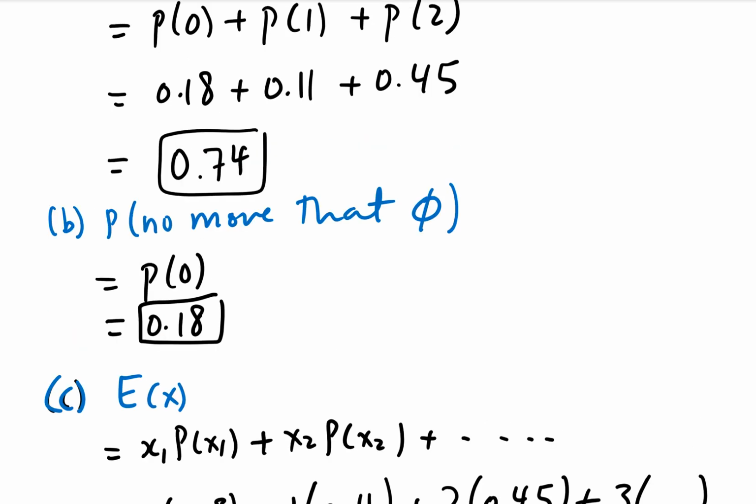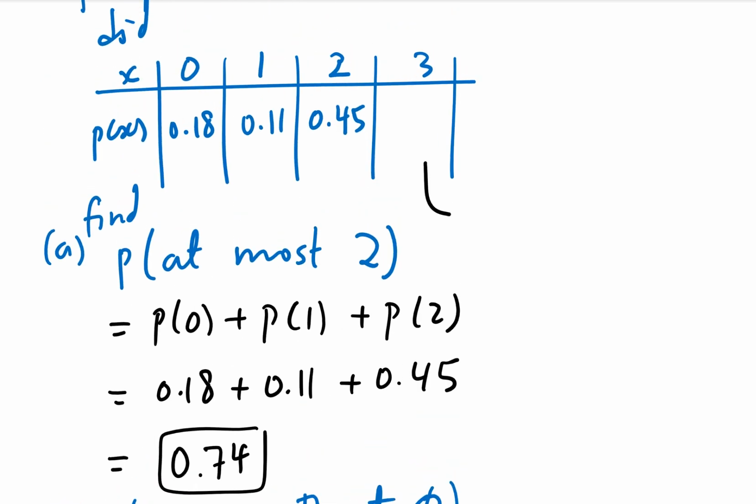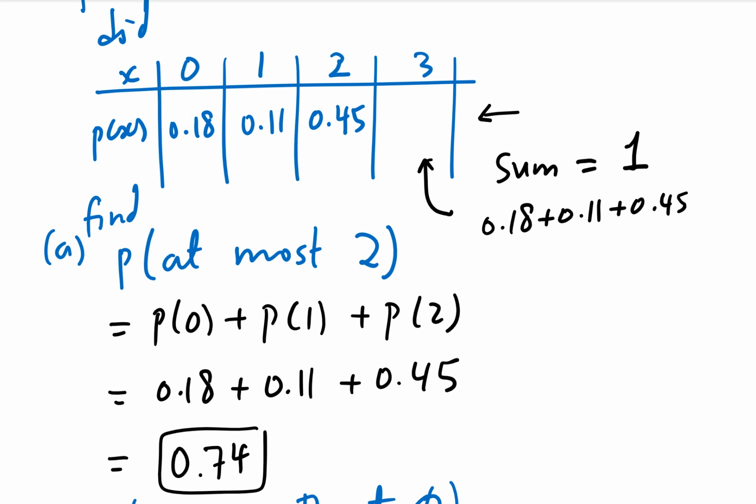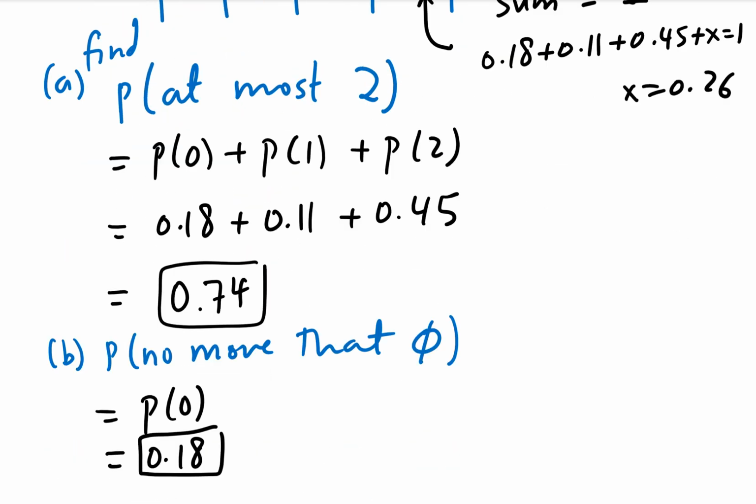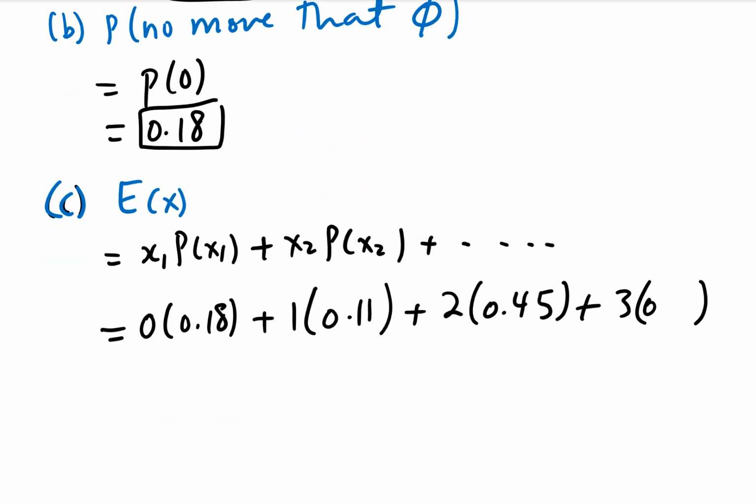But let me scroll back up. To get this missing one, all these probabilities have to sum up to 1. So 0.18 plus 0.11 plus 0.45 plus some value is 1. If you solve for this, I get 0.26. So this should be 3 times 0.26.